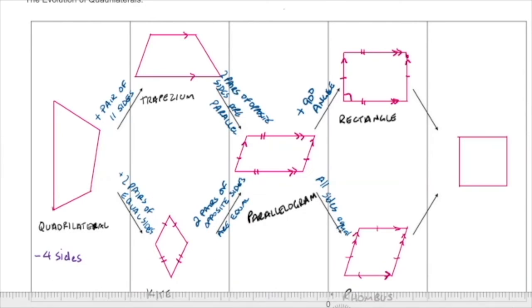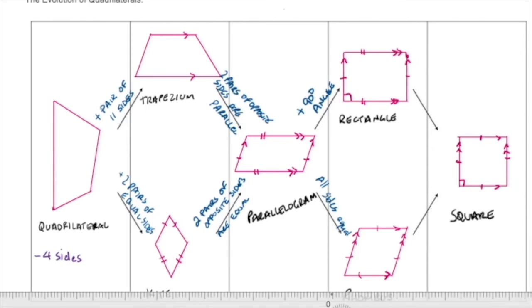Alright, so it's a little bit of a wonky drawing there, but essentially this is what we've got. We've got our 90-degree angle. We have all of our sides equal, and our opposite sides are parallel to each other. And it's got all of the properties that the other ones do, and it is now a square.